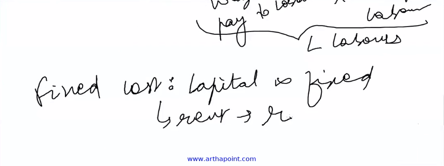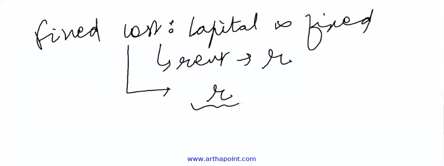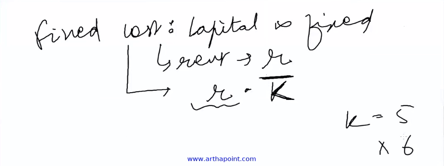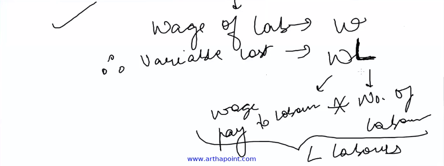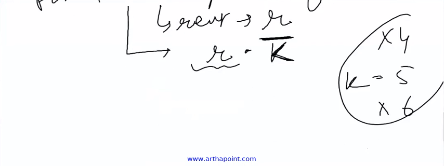The cost you spend on capital is going to be rent, which is the amount you pay on 1 unit of capital, into the number of units of capital you have. But because in the short run capital is fixed and cannot be fluctuated, I'm going to put a bar over it. This shows that if K is 5, it cannot become 6, it cannot become 4 in the short run. It will remain at the value of 5 because it is short run. I cannot change the level of capital.